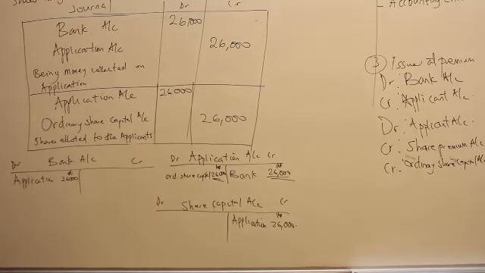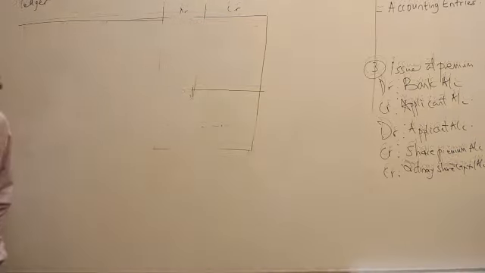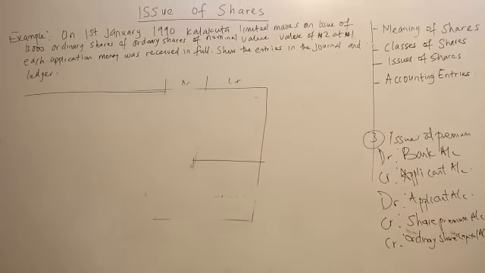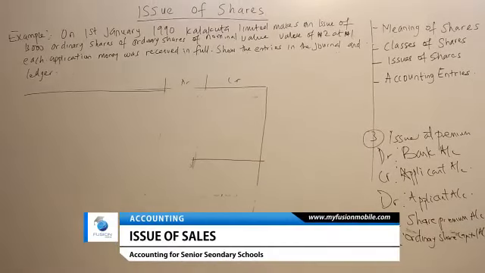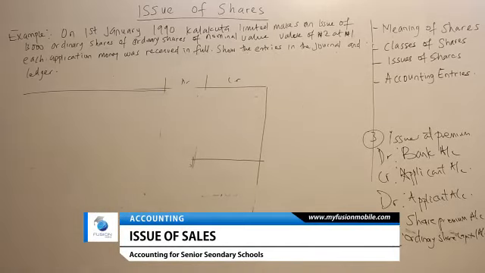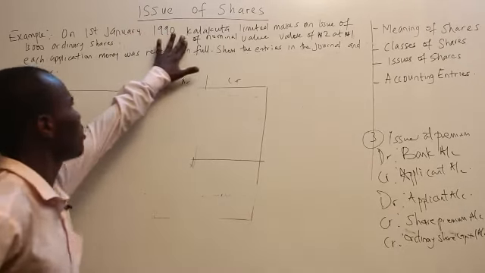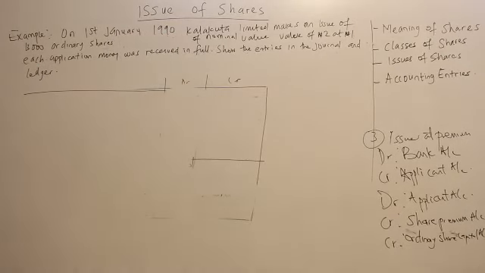And let's talk about shares issued at discount. Now let's do some example on shares issued at discount. On 4th January 1990, Kanakuta Limited made an issue of 13,000 ordinary shares of nominal value of 2 naira at 1 naira each.